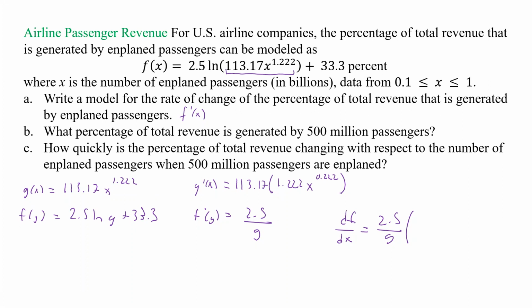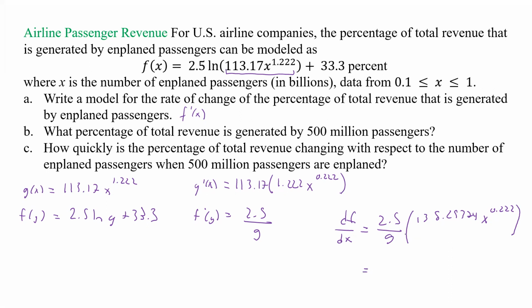So that's going to be 113.17 times 1.222, and that's going to give us 138.29374. We'll write it all down, x to the 0.222. Now we need to get rid of that g, because we need everything in terms of x.